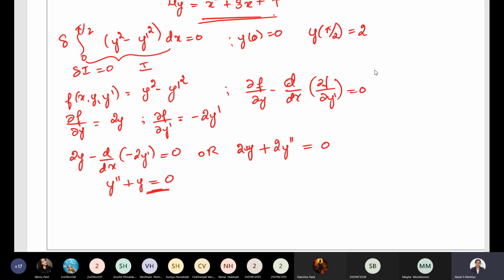How to solve this one? Anybody remember how to solve this one? Nobody remembers?